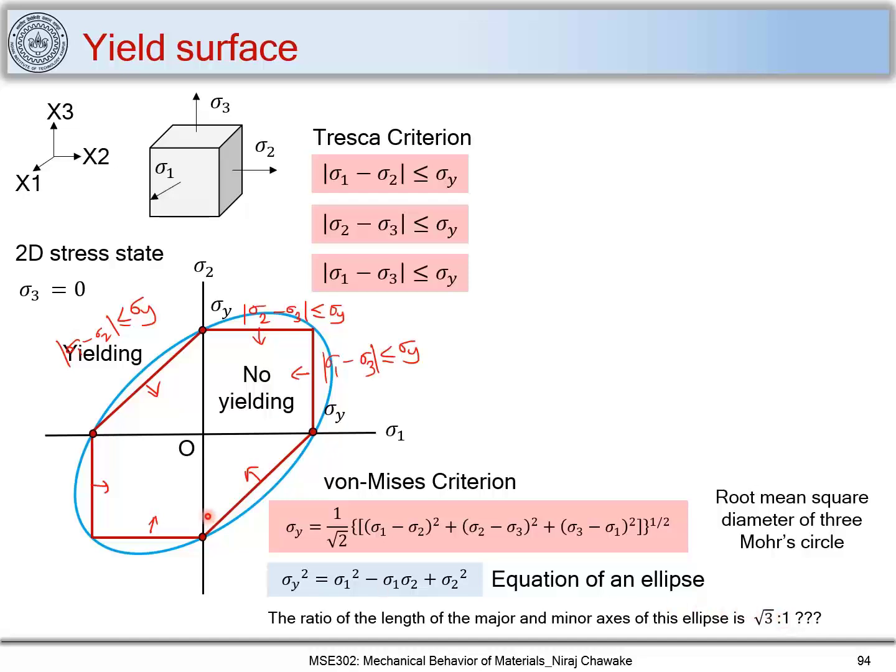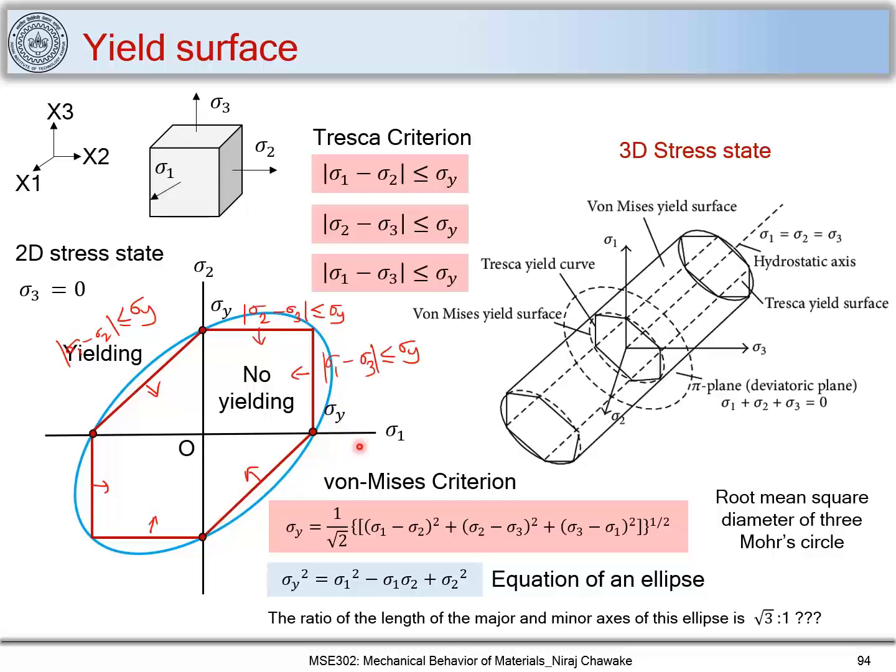Now we have seen this in 2D stress state. Now let's look at 3D stress state. So what will be the 3D stress state? It will be the loci of all Tresca criteria and von Mises criteria, or all these yield surfaces. When I see the loci of all these yield surfaces, how will it look in 3D? It will look like a cylinder, or a distorted cylinder, for your von Mises yield surface, and a pyramid shape for Tresca.